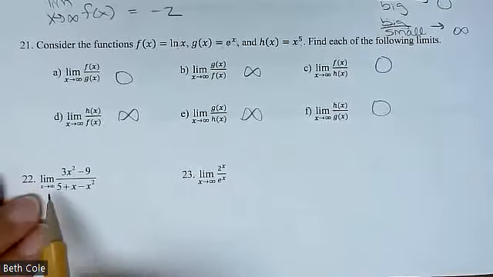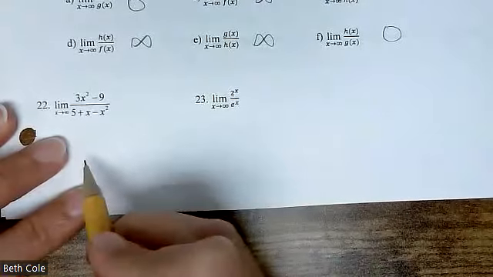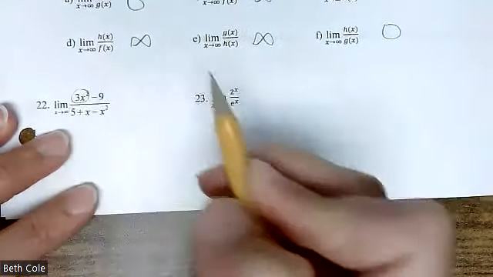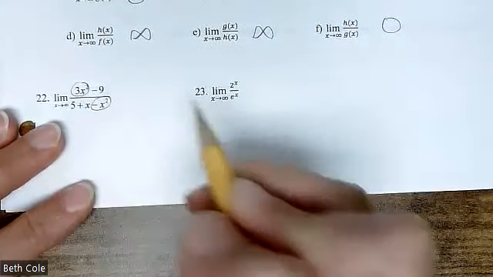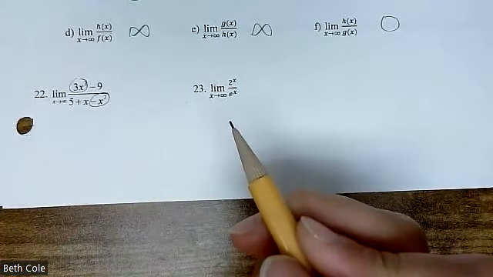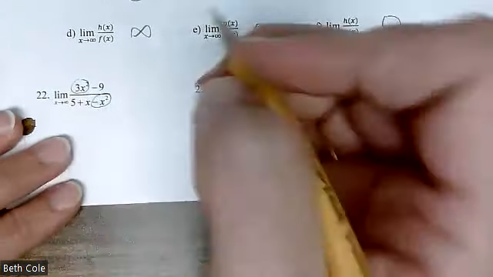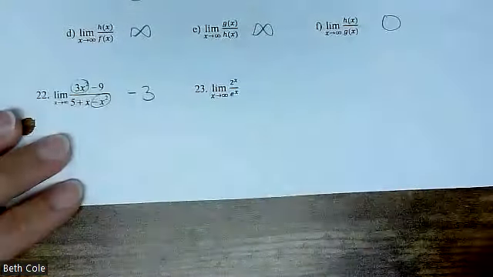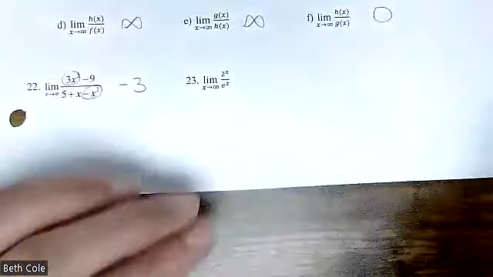All right, and then these ones, who's in charge for the numerator? 3x squared. Who's in charge for the denominator? Yeah, negative x squared. They're the same, so what do you use? Coefficients. So 3 over -1 is -3. And then this is really similar to that little section that we just did.